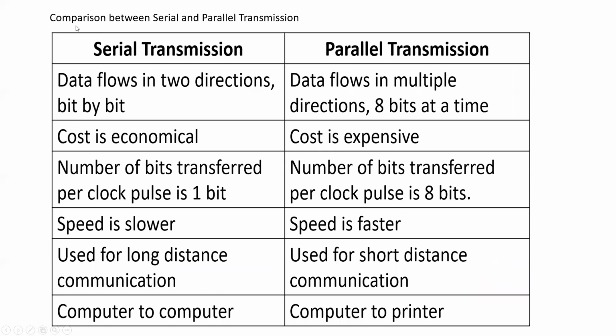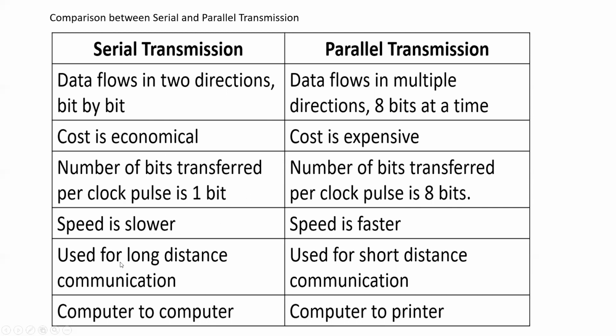So this is the comparison. In serial, data flows in one direction, bit by bit. In parallel, data flows in multiple directions, 8 bits at a time. All the bits are transferred at the same time; this we have already discussed. Serial is economical, parallel is expensive. In serial, the number of bits transferred per clock pulse is 1 bit; in parallel it is 8 bits.